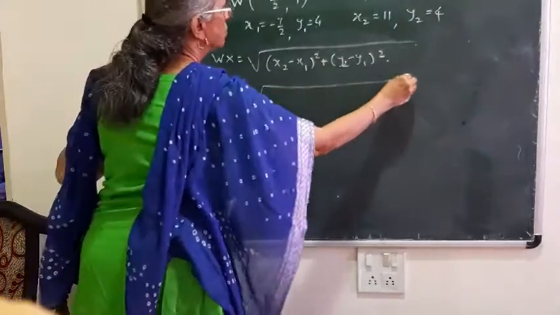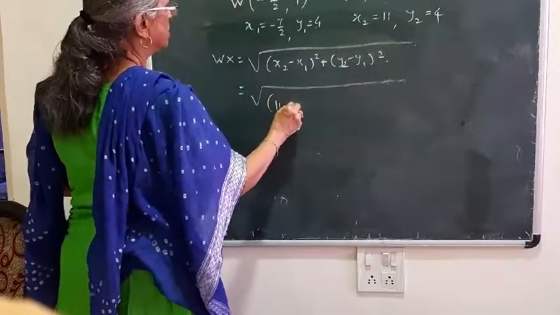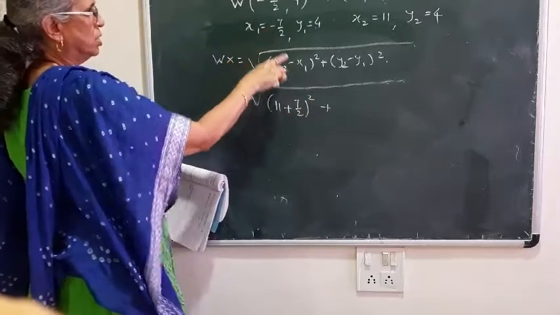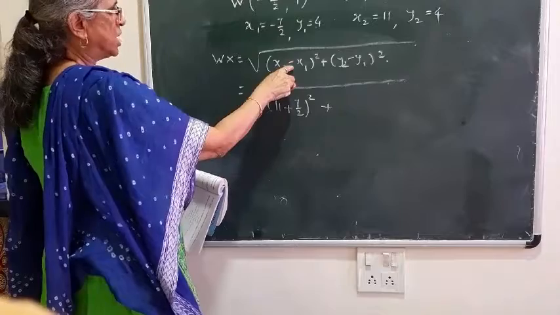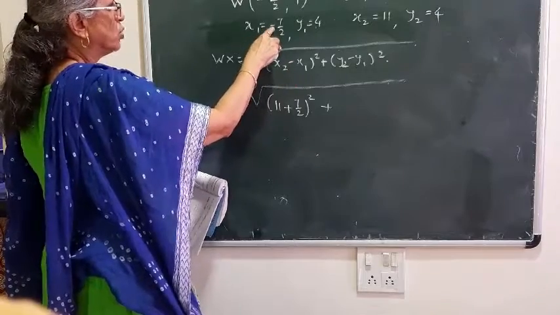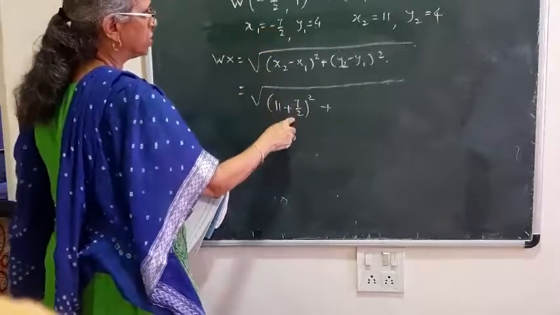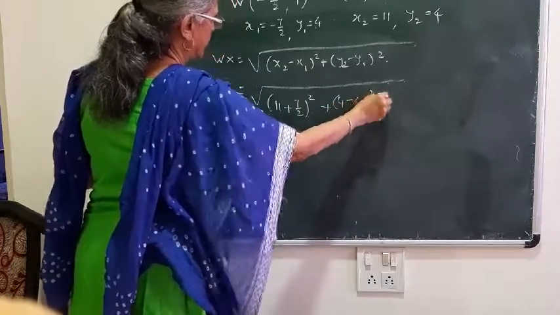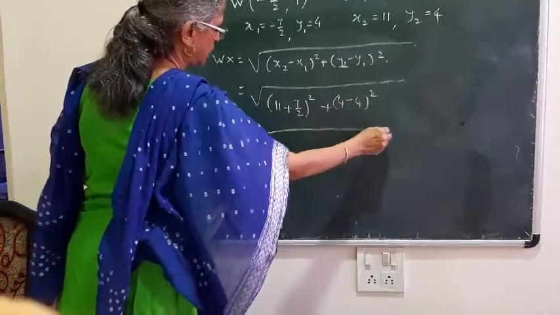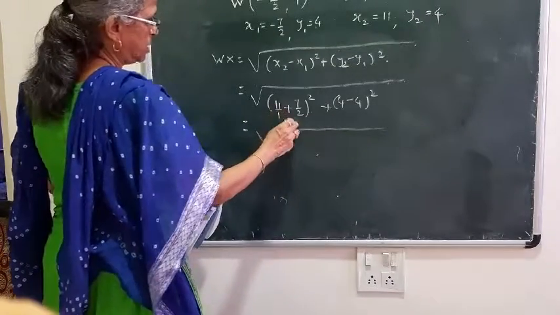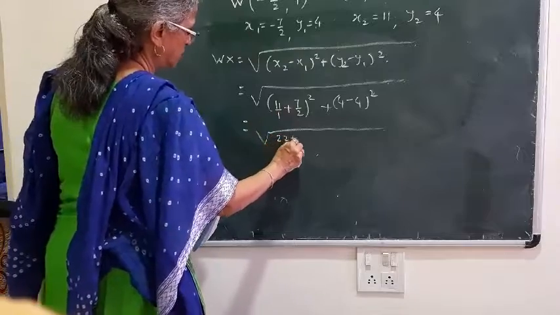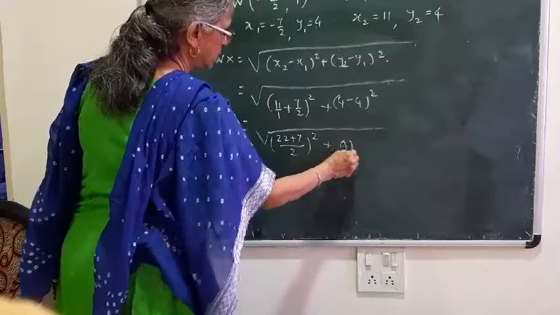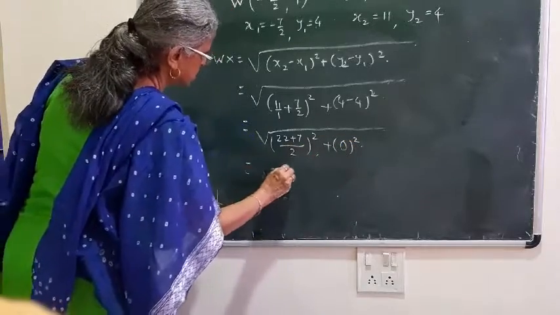So that is equal to 11 minus minus, that will be plus 7 by 2. In this formula a minus sign is there and the coordinate is minus, so you can do this directly as minus minus as plus. Remember this. So (4 minus 4) bracket square. Again cross multiplication: 11 twos are 22 plus 7 upon 2 bracket square plus here 0 bracket square, not necessary to write.